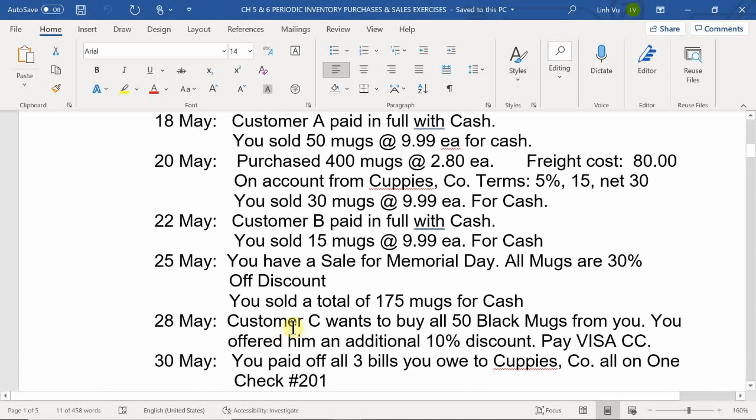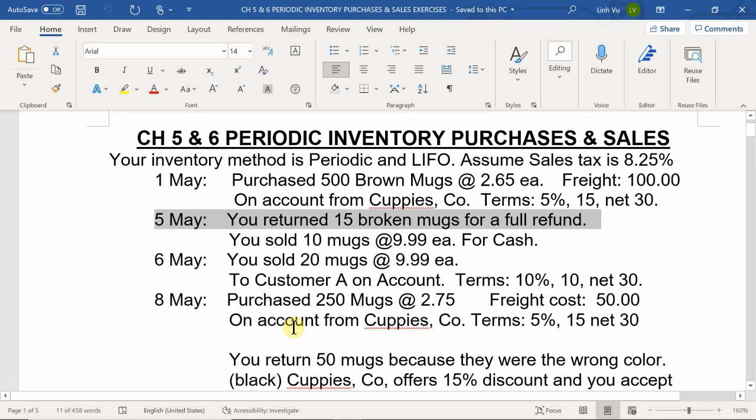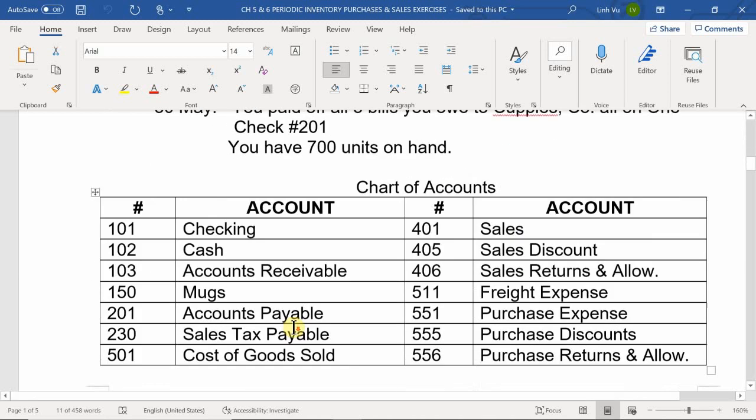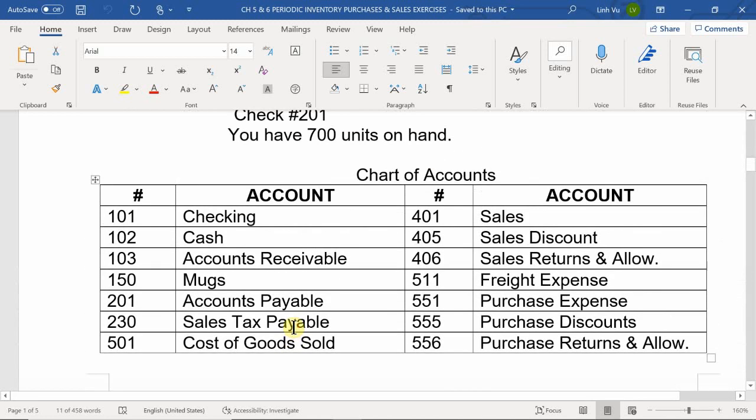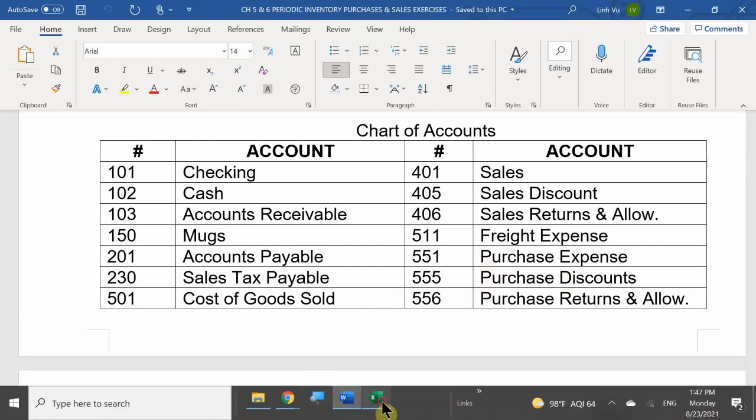Did I sell a product, or did I purchase a product? No, sorry, we purchased it. Good. Purchase returns and allowances, which is going to be account 556.